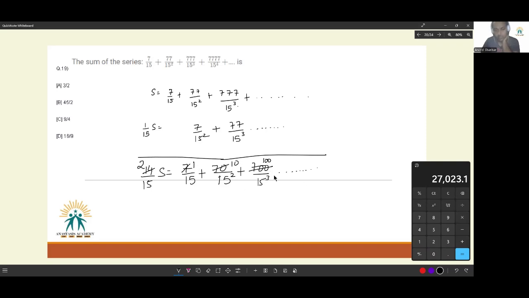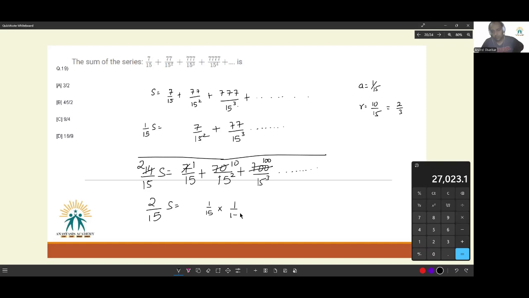This seems like a GP with A equal to 1 by 15 and R equal to 10 by 15. So 2 by 15 S is equal to, this is an infinite GP, 1 by 15 into 1 by 1 minus R, where R is 10 by 15, which is 2 by 3.